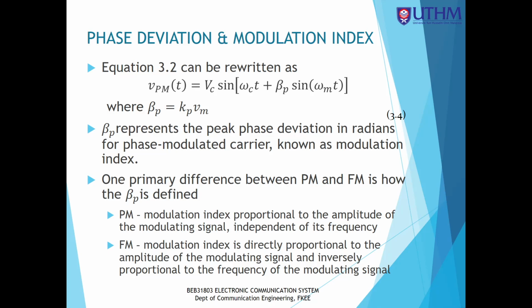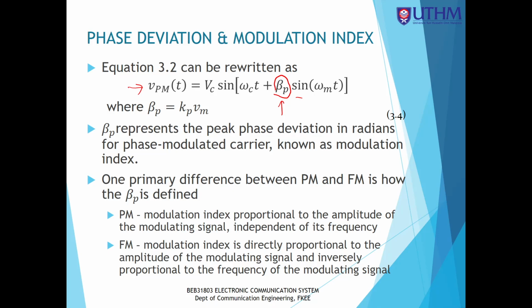Okay, phase deviation and modulation index. Now we want to learn about the modulation index. The modulation index is defined as beta. For PM, the modulation index is defined as beta P. The parameter in front of the sine function is what we call the modulation index.